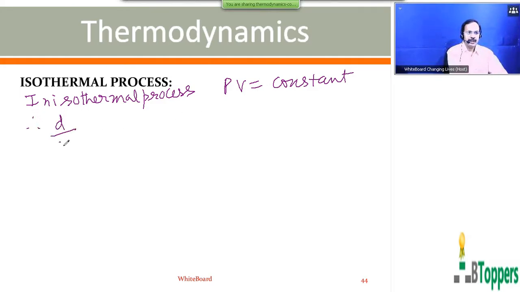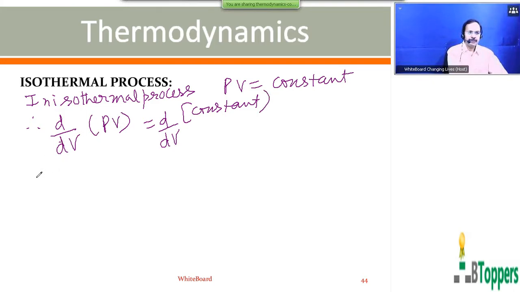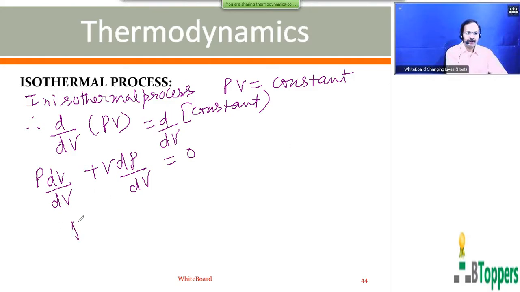Therefore, if you differentiate both sides with respect to the volume V, the derivative of the product P into V is P into the derivative of V with respect to V plus V into dP by dV. The derivative of a constant is 0, and dV by dV is 1. So P into 1 equals, taking the second term to the right side, minus V dP by dV.